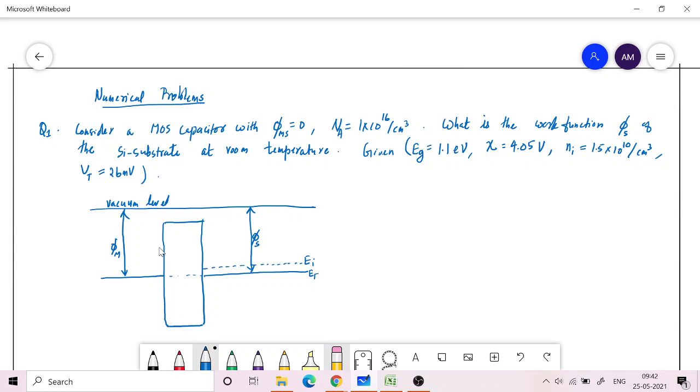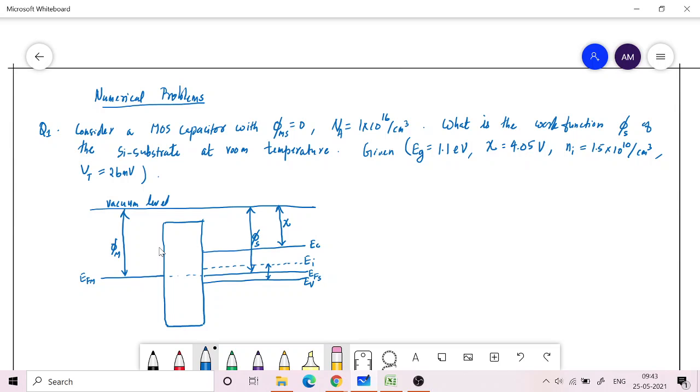So this is your EFS, this side it is EFM, and then you have the conduction band, valence band, EV, and this is the difference between EI and EV, which is Eg by 2. Same distance above you have the conduction band. This is what I call chi, and that is also given.